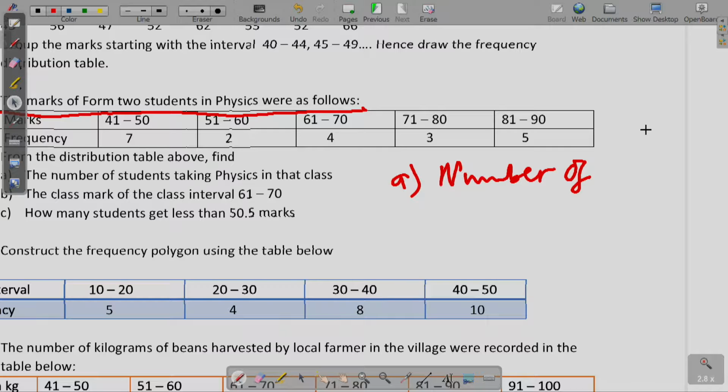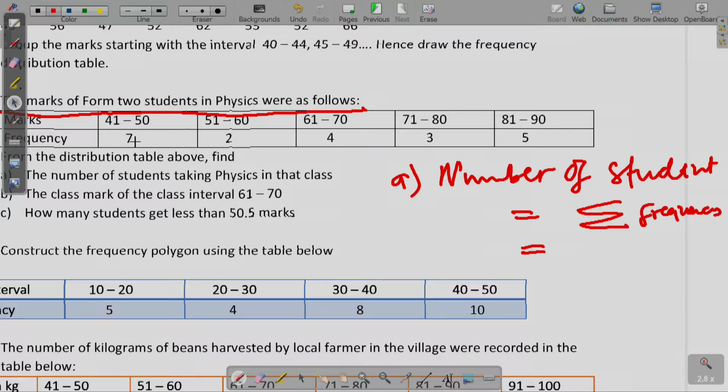So we have 7 plus 2 plus 4 plus 3 plus 5, and here we get 9, 13, 16, 21.